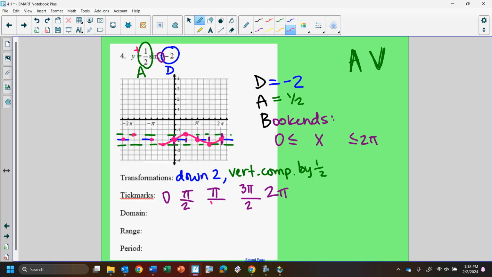Notice how I'm continuing this pattern, coming from the right towards the left. It goes down and then up, and then down and then up. Cool.